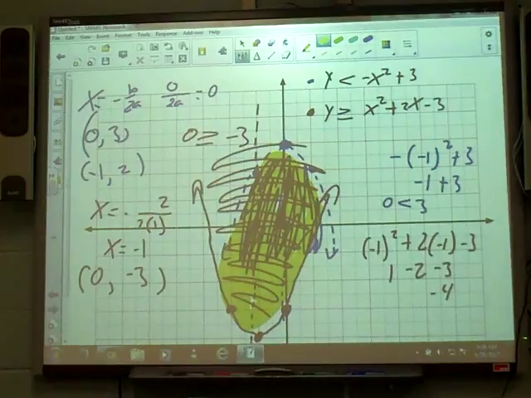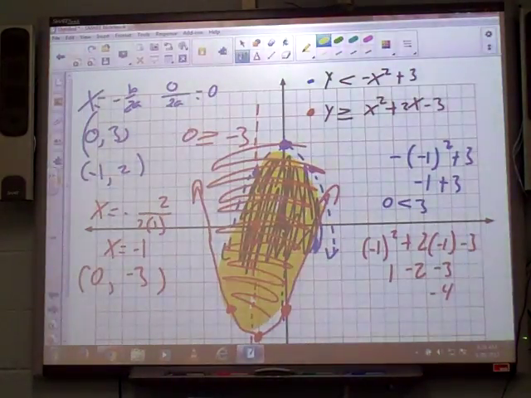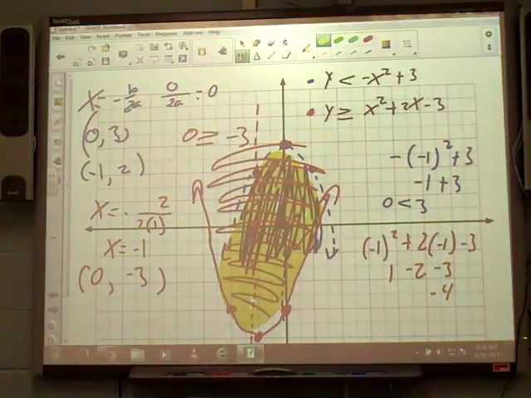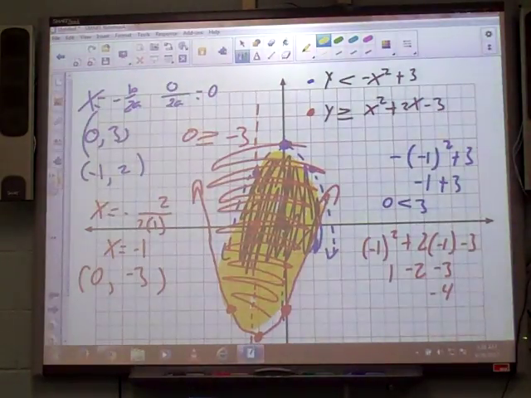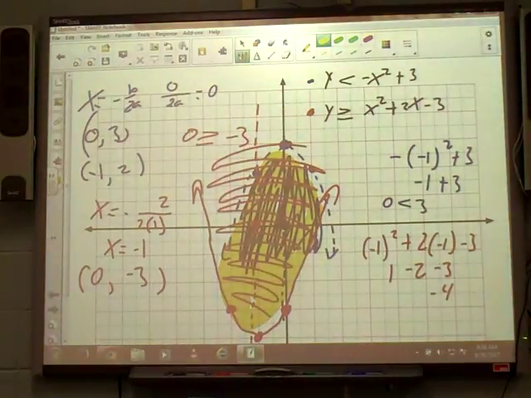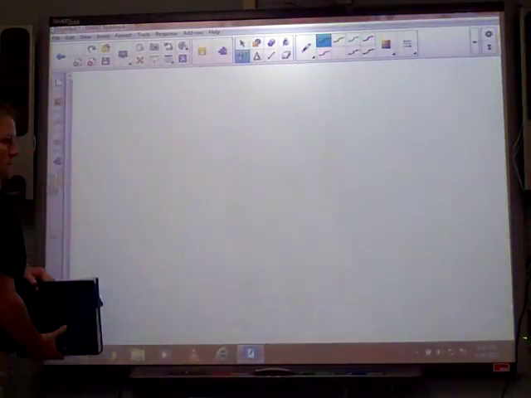Alright, I want to take us back to actual algebra instead of graphing, where we saw something algebraically.